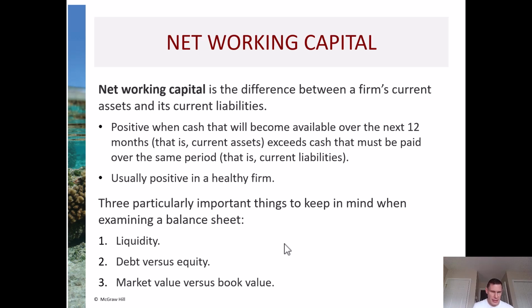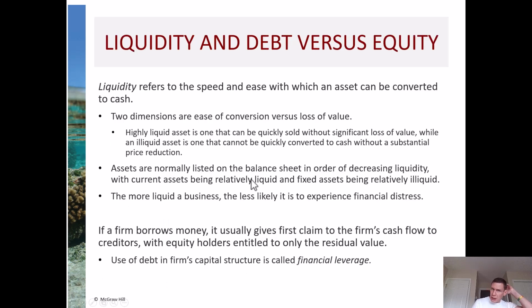Also important with respect to debt versus equity, and also market value versus book value. So liquidity refers to the speed and ease with which an asset can be converted to cash. The two dimensions are ease of conversion versus the loss of value. So a highly liquid asset is one that can be quickly sold without significant loss of value, while an illiquid asset, strange word, I know, is one that cannot be quickly converted to cash without a substantial price reduction.